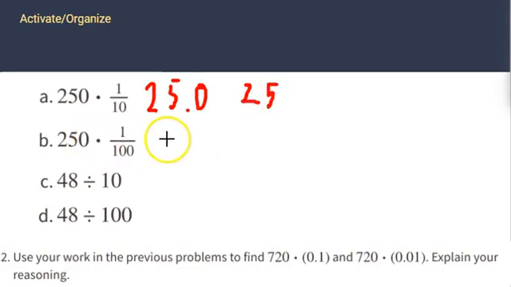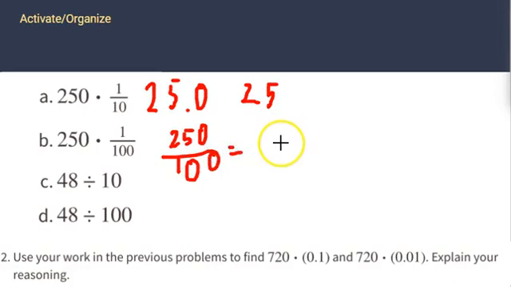What about here? Yeah, 25 hundredths, which is the same as 2 and 5 tenths. What about here? Yeah, 4 and 8 tenths. This would be 48 hundredths.